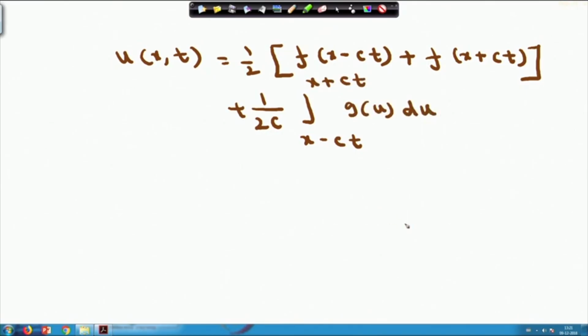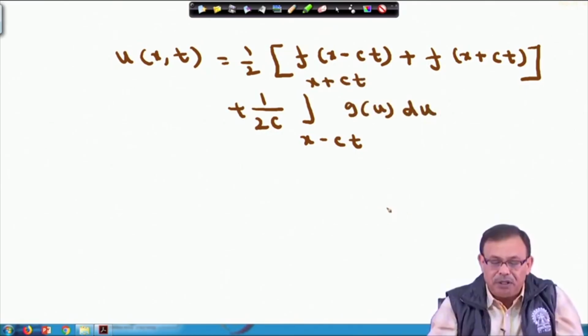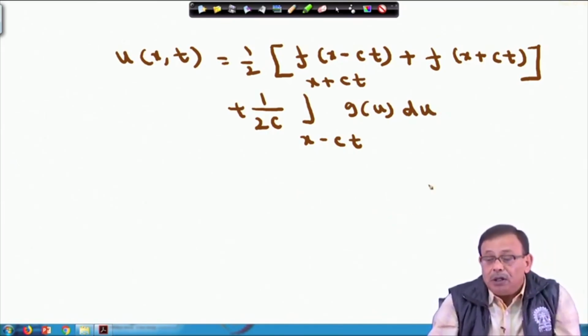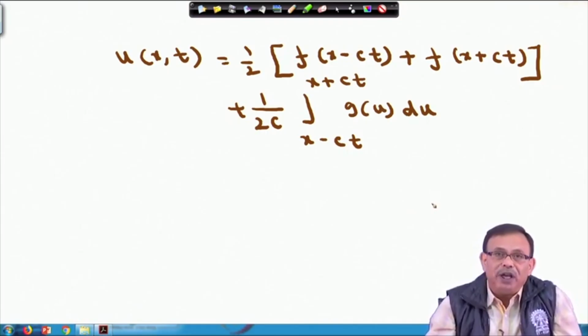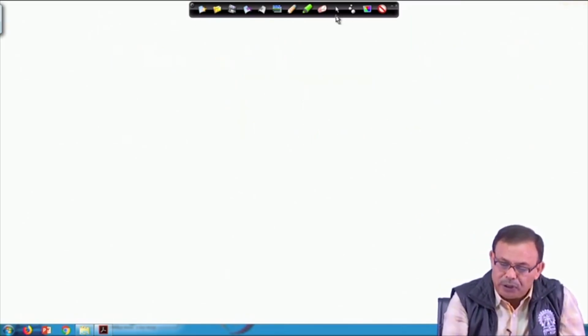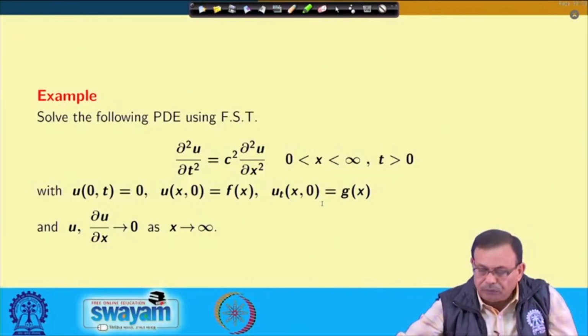So, you see the advantage here: ultimately we are bringing it into a process where we can represent it as a function of f and g, so that if I know f and g, I can tell what is the exact value of u(x,t). Let us see quickly this problem.